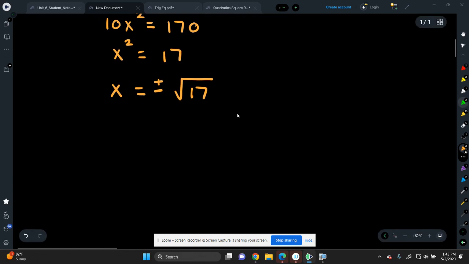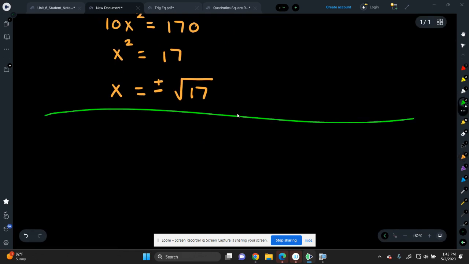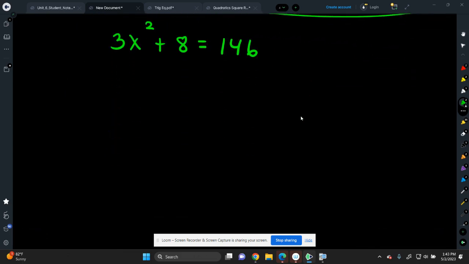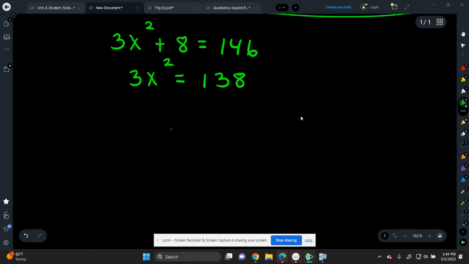Okay. How about this one? Take the square root of both sides.